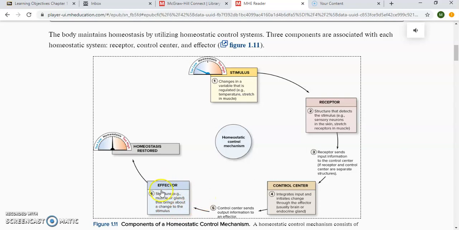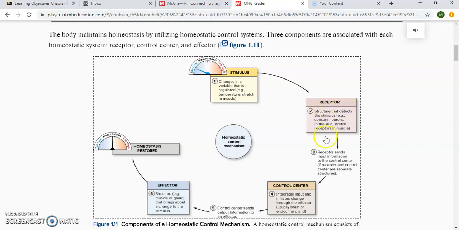And then the effector is the structure that's actually going to bring about the change. A lot of times it's muscles, generally. But it can be other parts of the body too, like certain glands. But a lot of times it's muscles that are stimulated by directions from the control center to do something that's going to restore that parameter back to what it should be, towards set point, or back into that normal range.